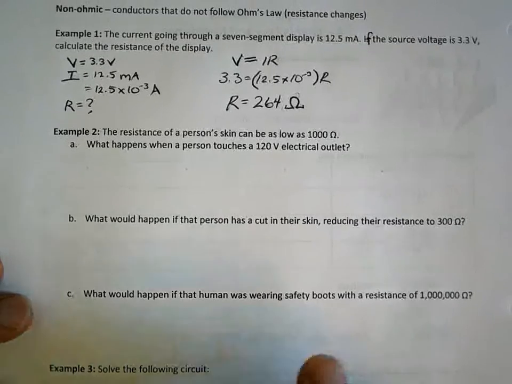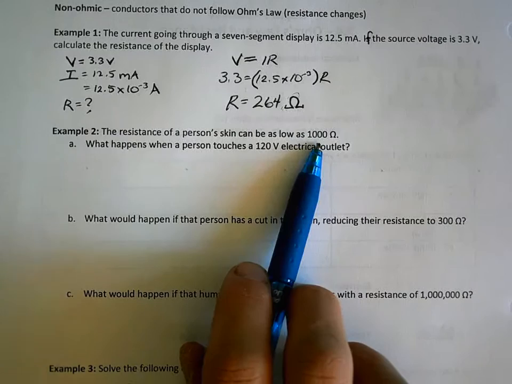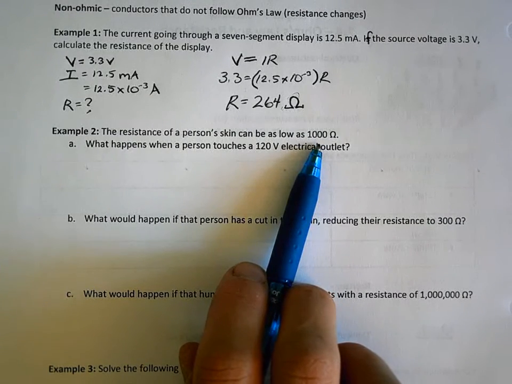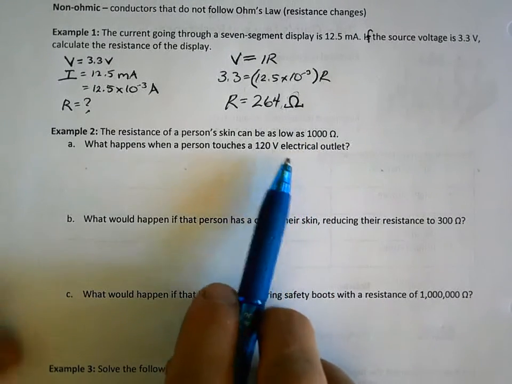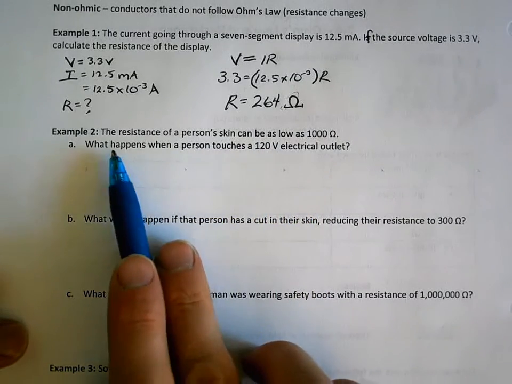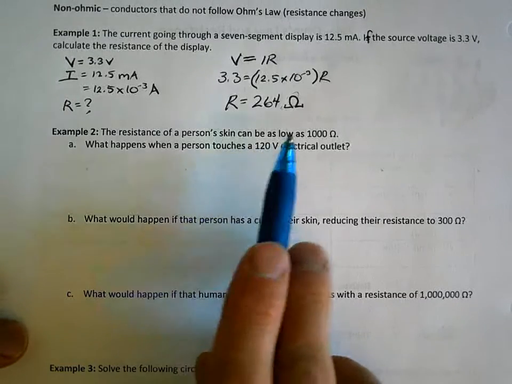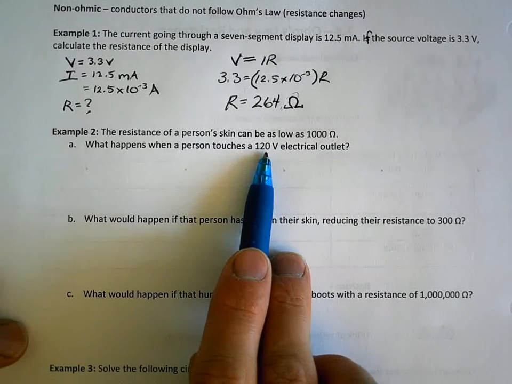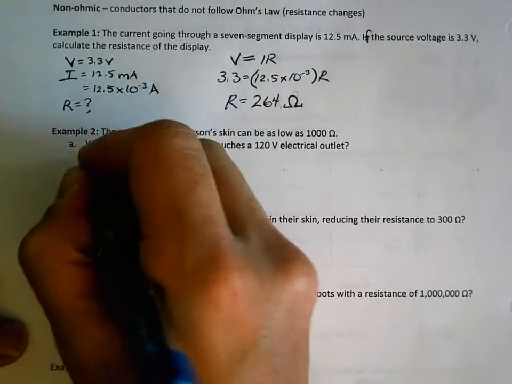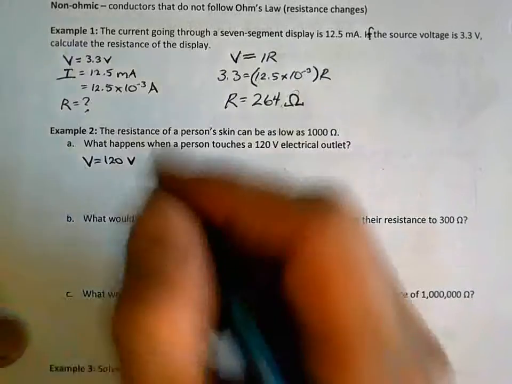Now let's continue. The resistance of a person's skin can be as low as 1,000 ohms. I always think this is an interesting example because it shows what would happen if you were to touch an electrical outlet. The voltage from an electrical outlet in Canada is 120 volts, that's how much juice the electrons have when they come out of the wall.